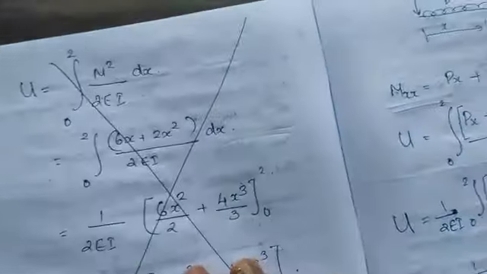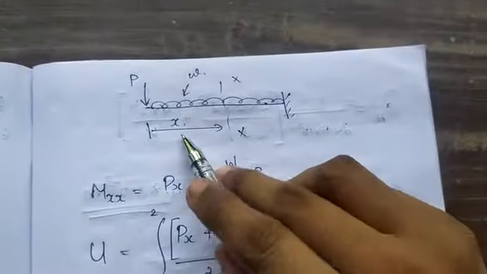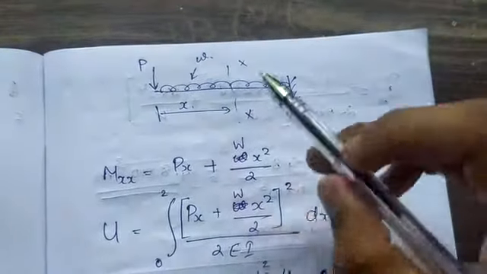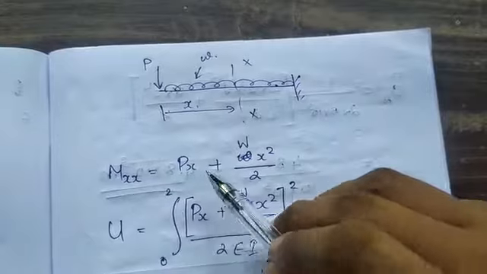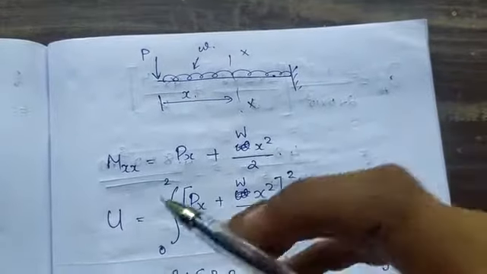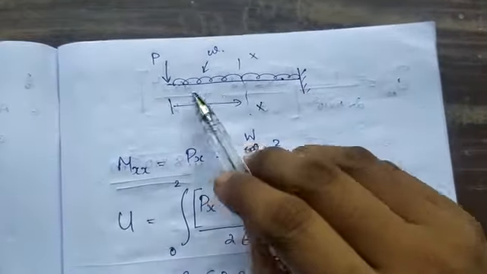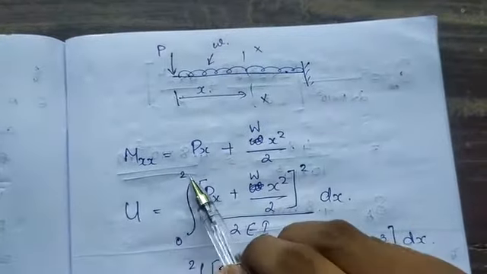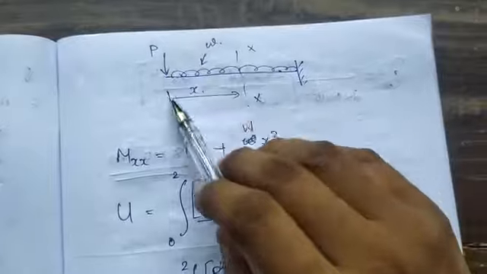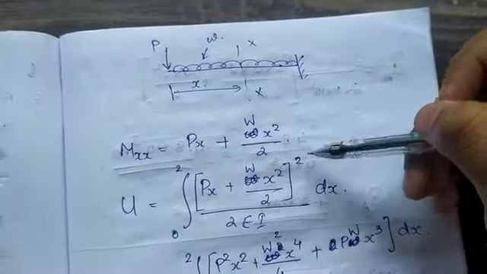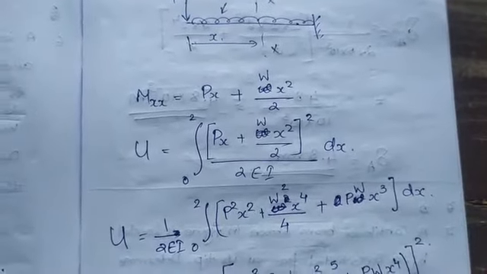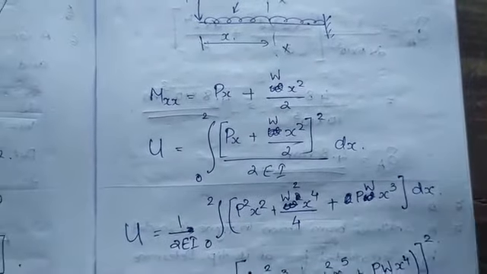Moment will be Px plus Wx square by 2. You will integrate it from 0 to 2. This is what we have done already. You are just doing it again and giving it the values, that's all.